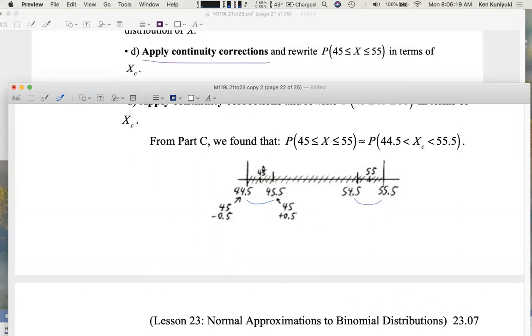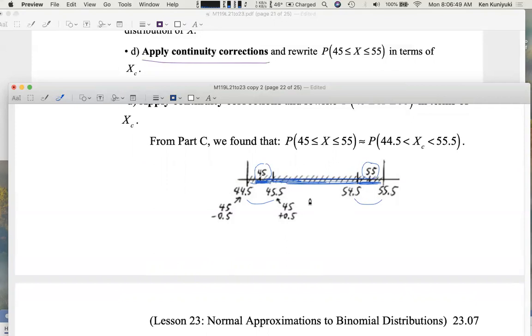So this block represents the integer 45 from the binomial. This block represents the integer 55 from the binomial. But remember, we win if we get exactly 45 heads, so we do include this block. And we also win if we get exactly 55 heads, so we pick up this block. And we win for anything in between, 46, 47, and so forth. So we want to shade in this entire region here.